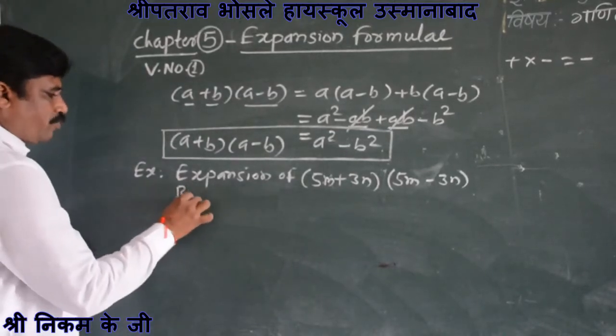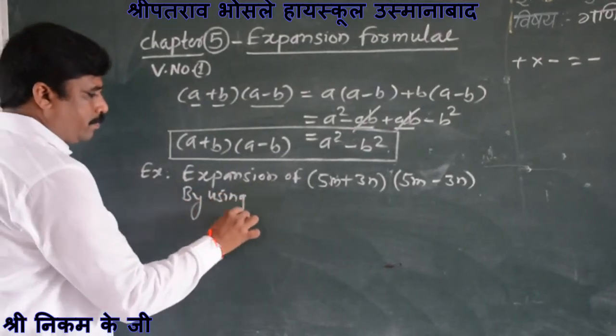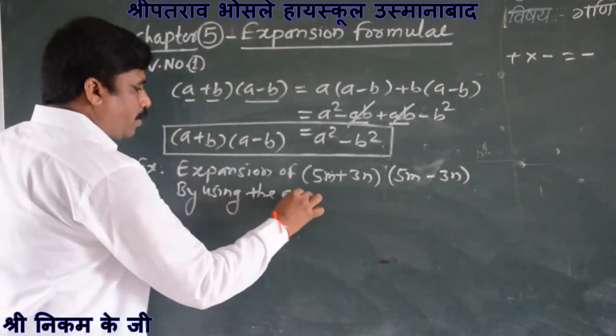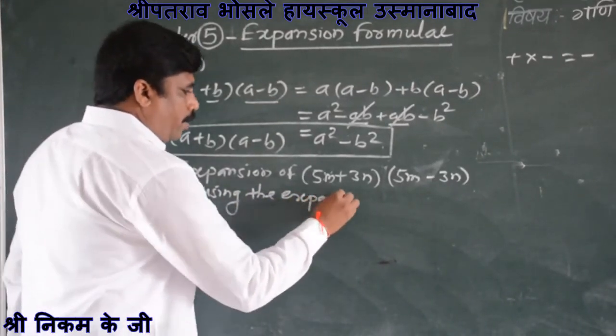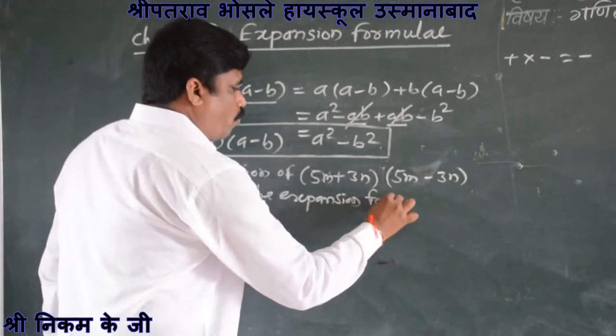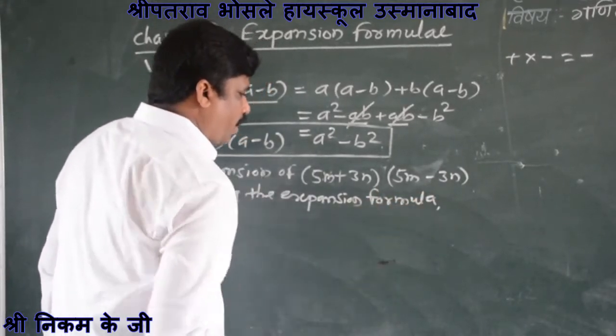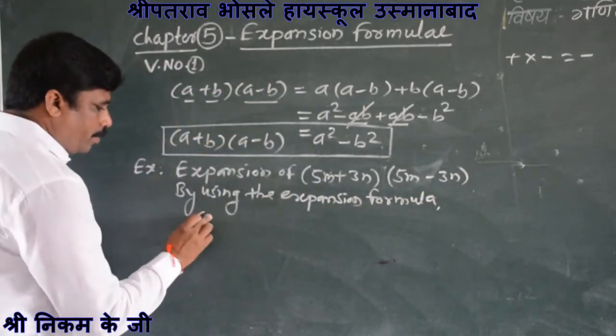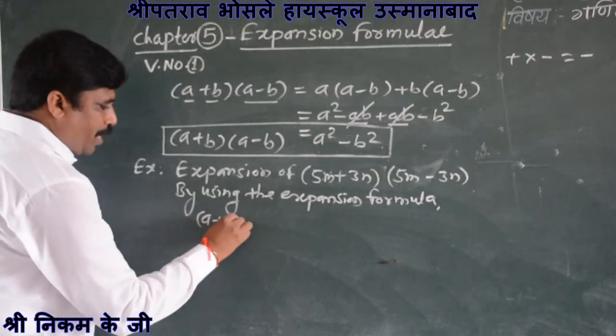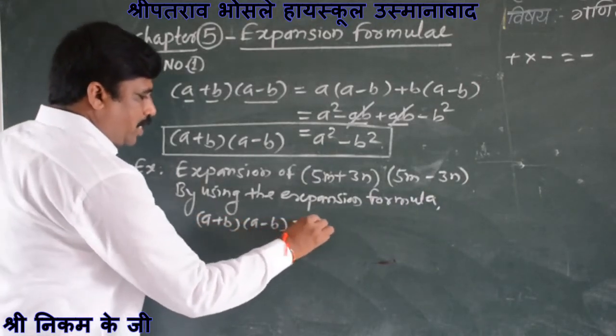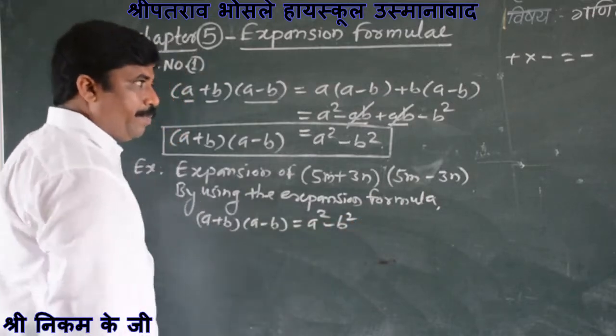By using the expansion formula, a plus b into a minus b is equal to a square minus b square.